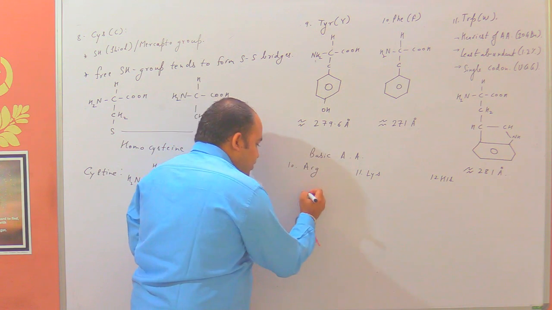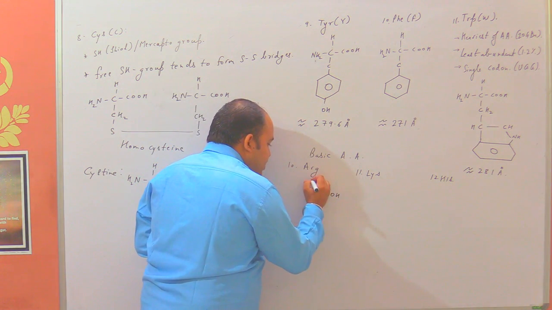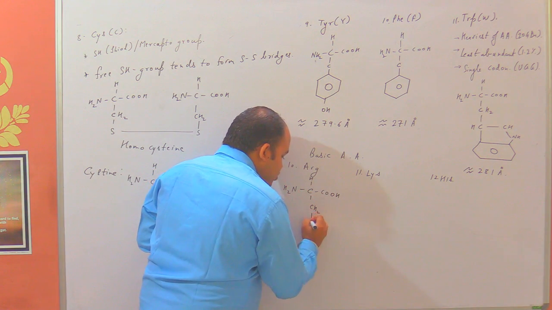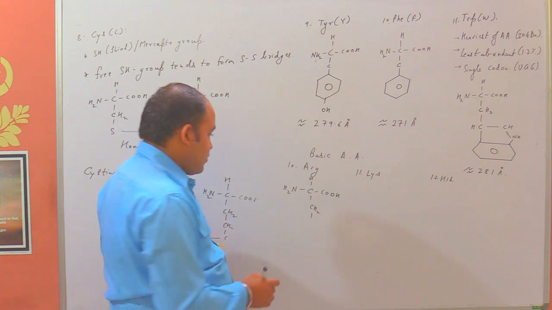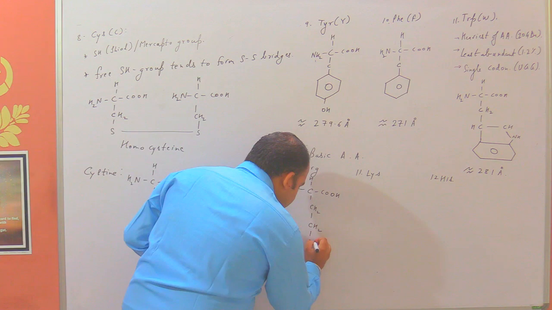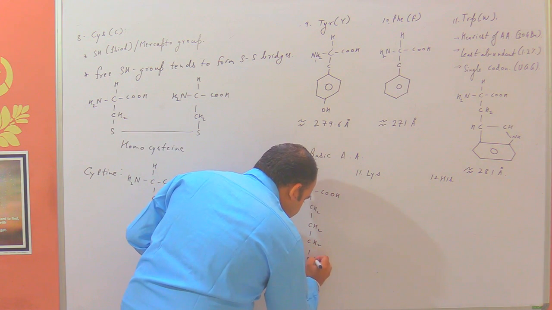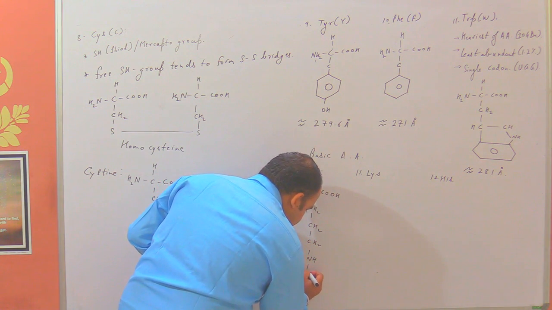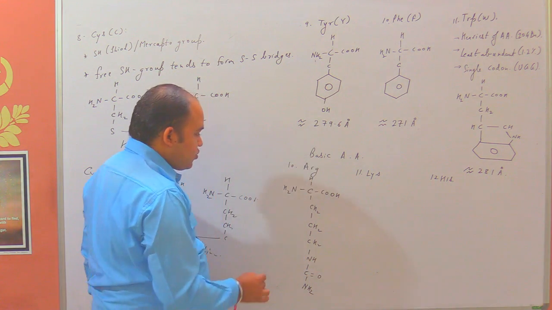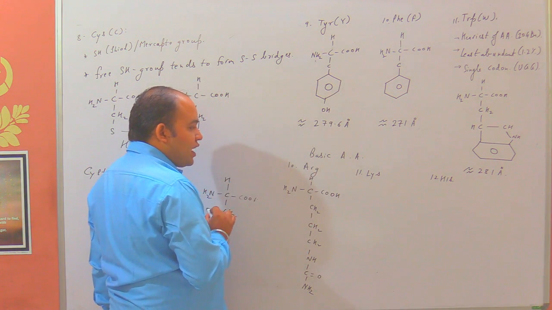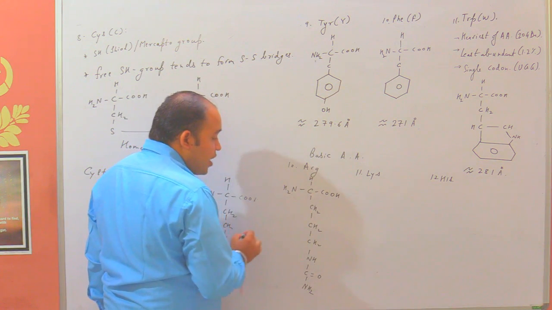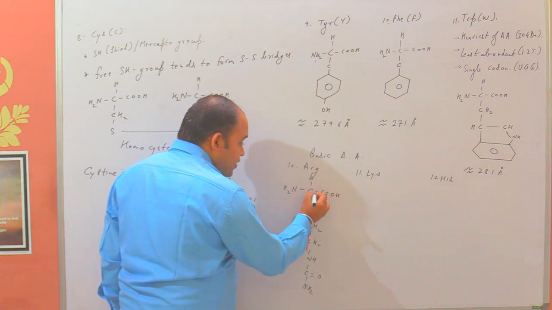In the case of arginine, the side chain has a specialized group, referred to as the guanidino group. Alpha, beta, gamma, delta, epsilon. Arginine and lysine have the gamma carbon atom and the epsilon carbon atom within themselves.